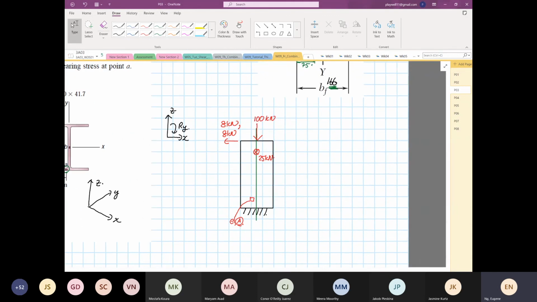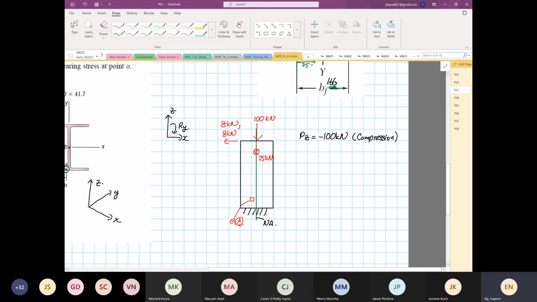So now we know that the 100 kilonewton is acting on the neutral axis, right? So PZ is equal to minus 100 kilonewton. Why did I put the minus? Because we know that it's going to induce a compression.